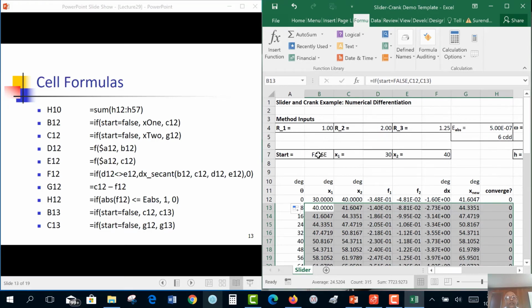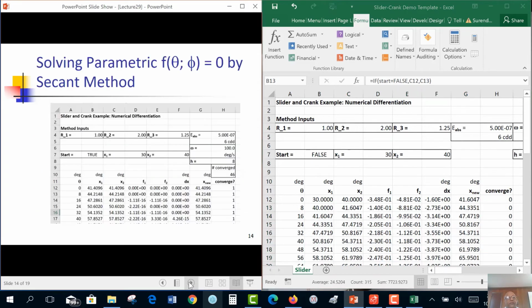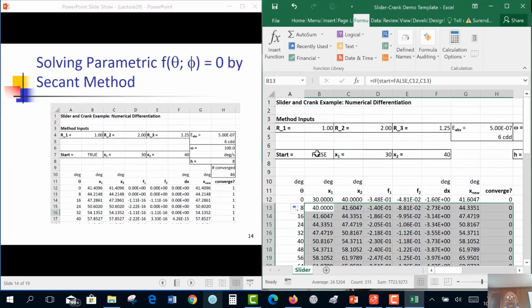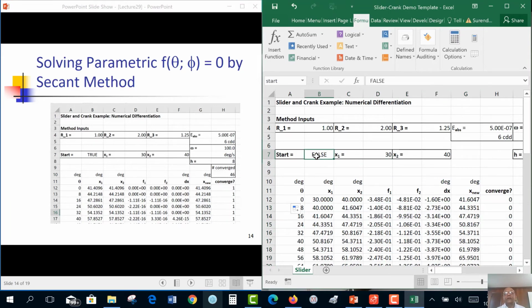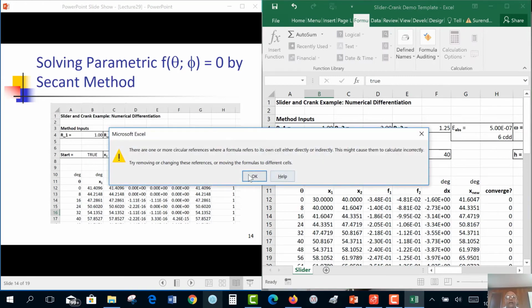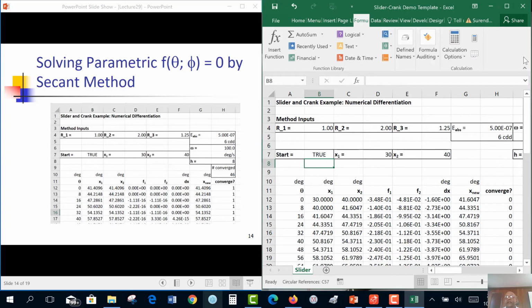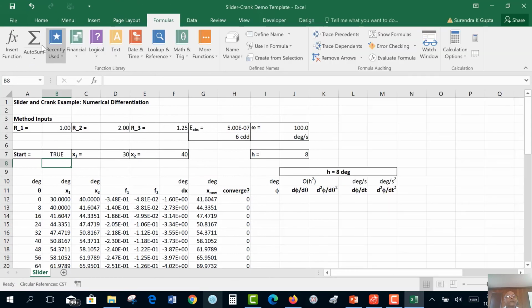So we did all this stuff, right? We change this to true. We have that error, and we fix that error. But before we fix the error, let me say something.